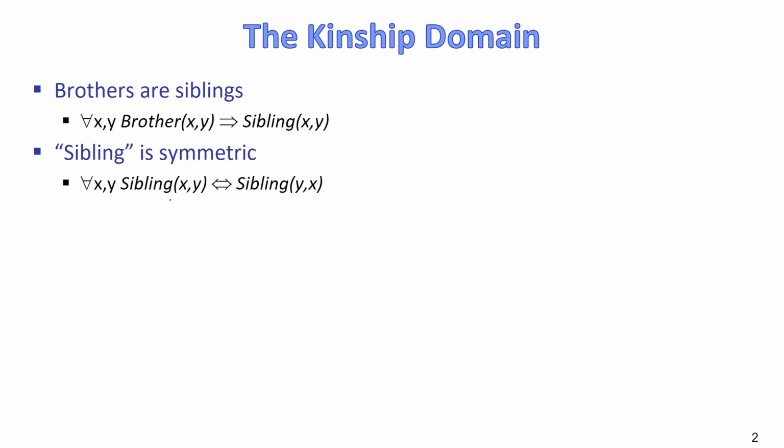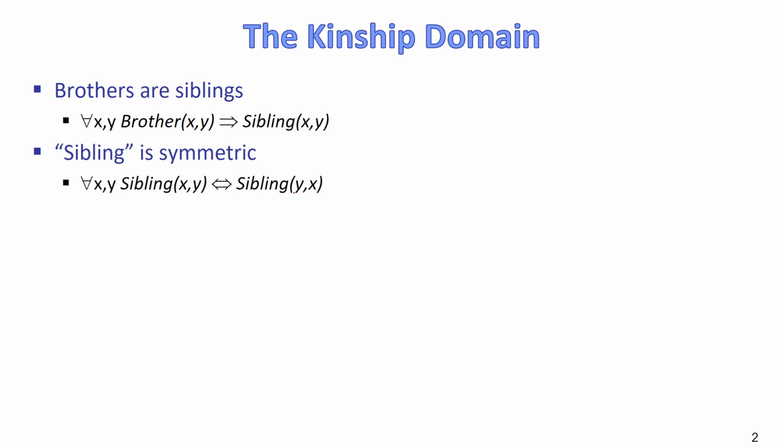So sibling of X, Y here means that X is sibling of Y. The system by default doesn't know that it is the same thing as saying that Y is sibling of X. We know that, but we have to tell the knowledge base this fact. So we have to define it that way so that it knows that it is symmetric. The order doesn't matter, but it's not by default. We have to explicitly mention it.